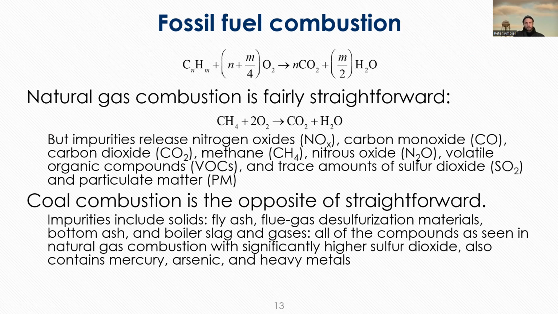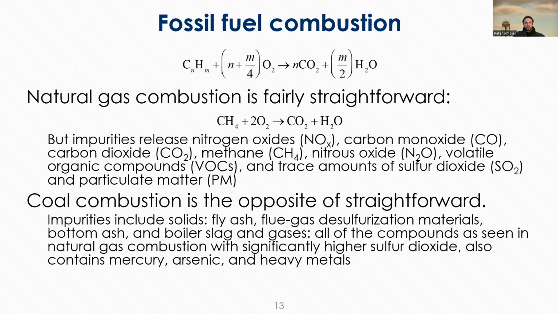You can also get the initial input product itself, methane, if it's not fully combusted. And then you can get a bunch of particulate matter, nitrous oxides, VOCs, sulfur dioxides. And these are typically more negative outcomes for air quality.